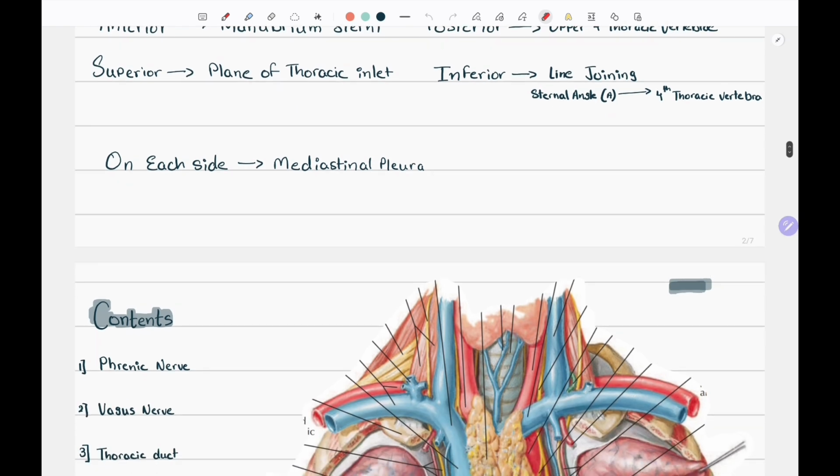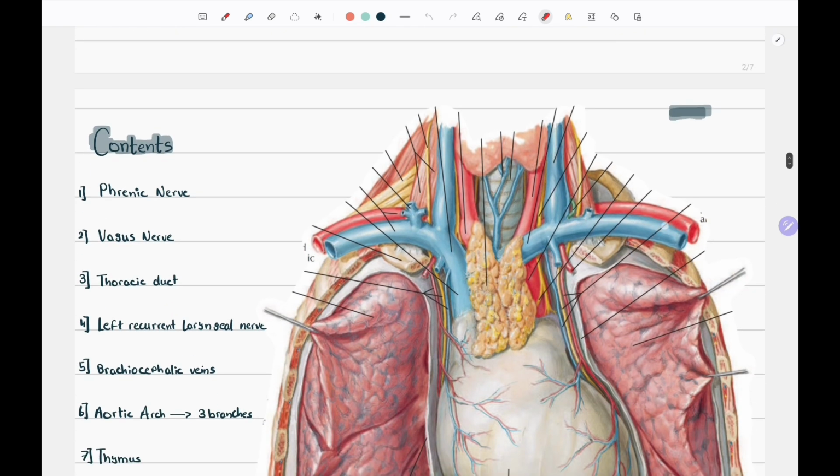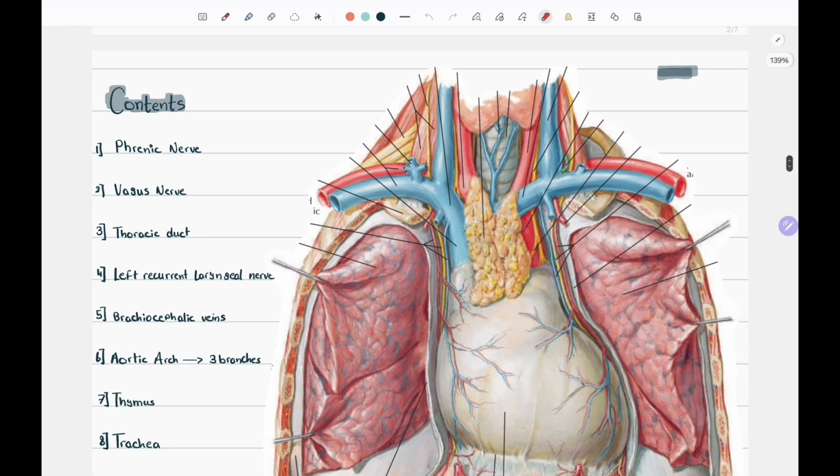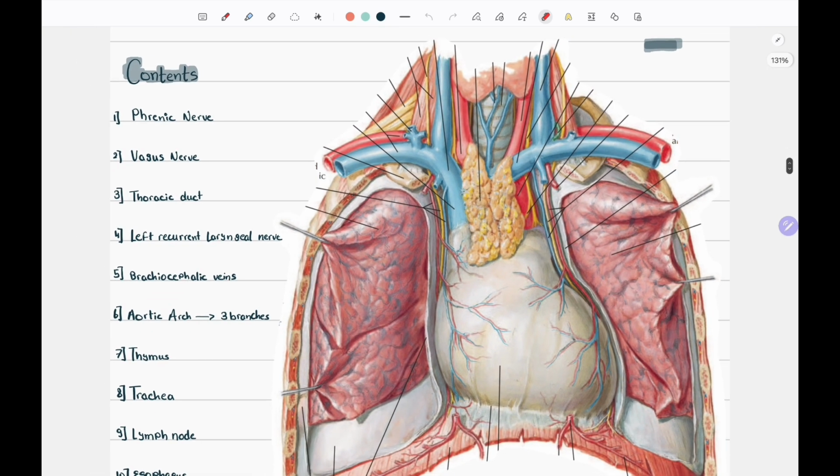Now coming to the contents. For the contents of the superior mediastinum, I have taken this diagram. This is a coronal section of the chest and you are able to view the heart and both lungs, and the space between the lungs is our mediastinum.